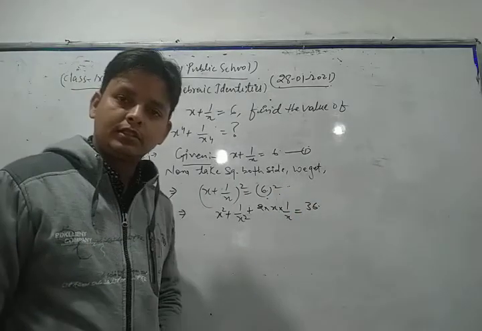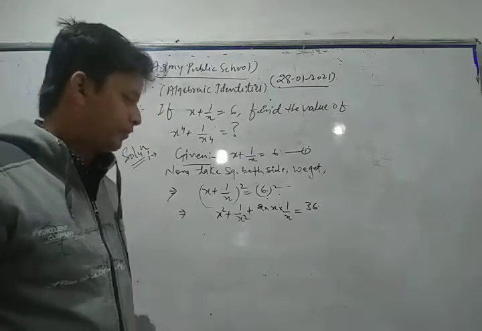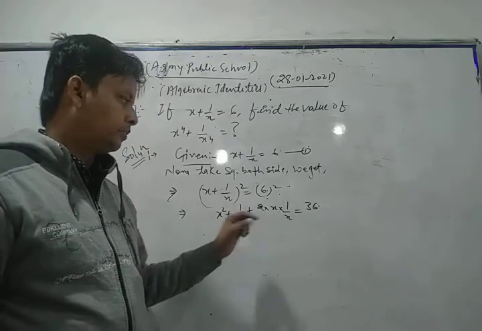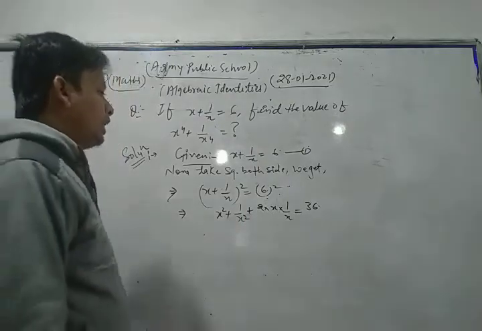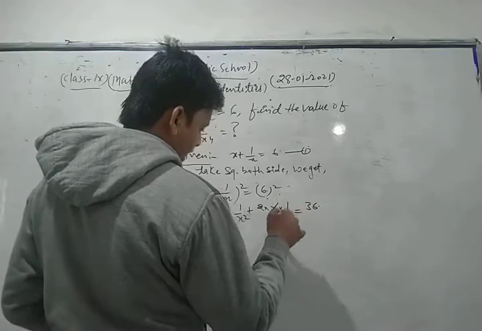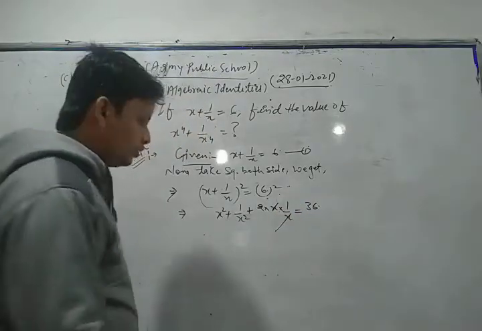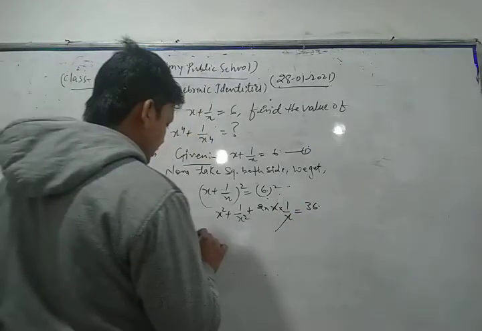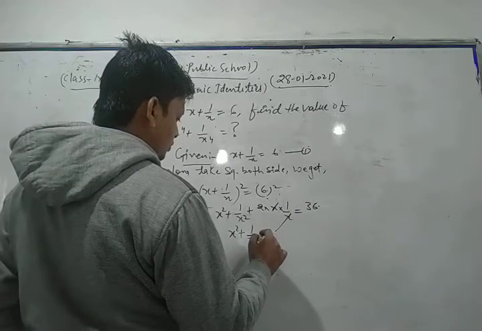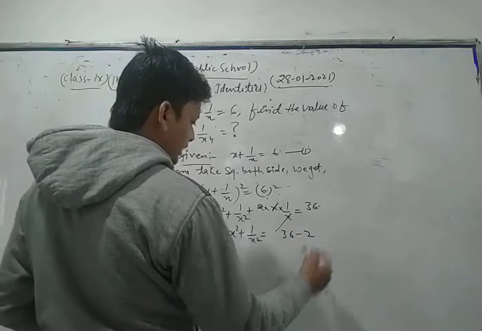Okay, 6 square is 36. Now this is x square plus 1 upon x square plus 2 times a into b. Here x cancel to each other, so we get x square plus 1 upon x square is equal to 36 plus 2, transfer that side, so we get minus 2.